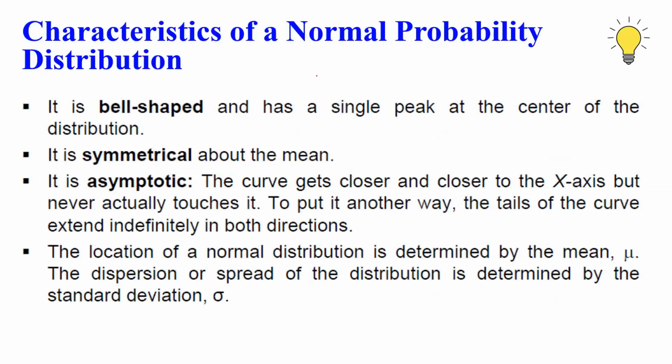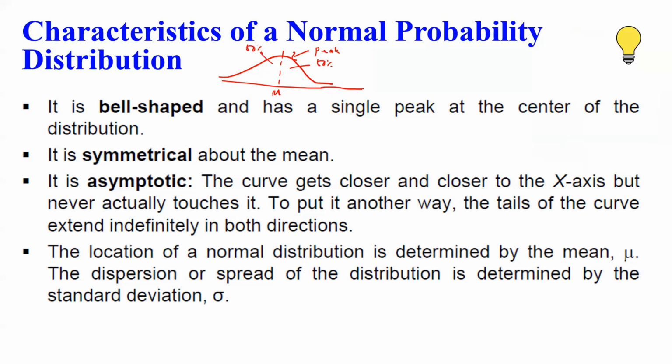If you look at the normal distribution, it looks like a diagram with a bell shape. The center is the mean value, usually given by the mu symbol. It has a single peak, and it is also symmetrical, which means the left-hand side and the right-hand side each hold 50% of the probability.